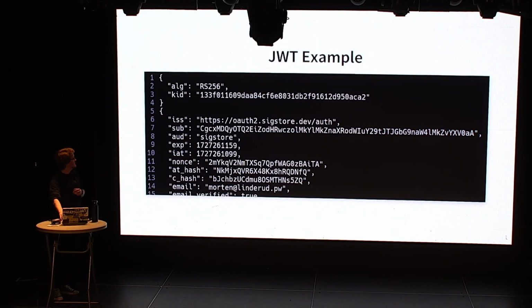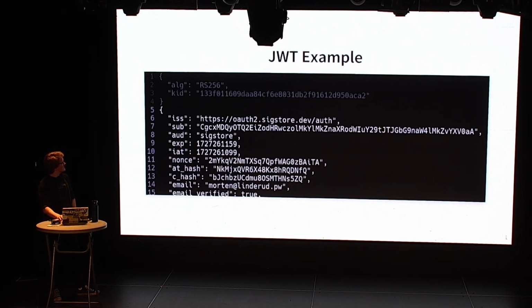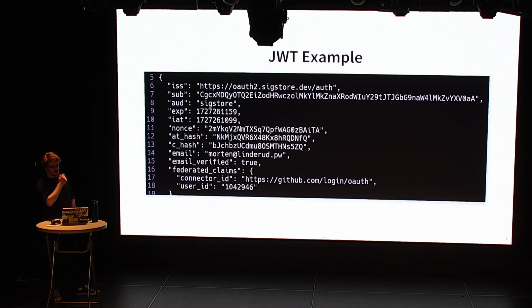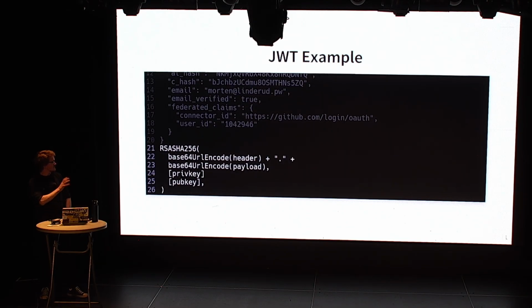The way these things work is that we have an algorithm that says how it's signed. This part is protected by a signature, which has several claims from our identity provider. In this case, we have the email, and we have that the email has been verified. And then this entire thing is protected by an RSA signature.